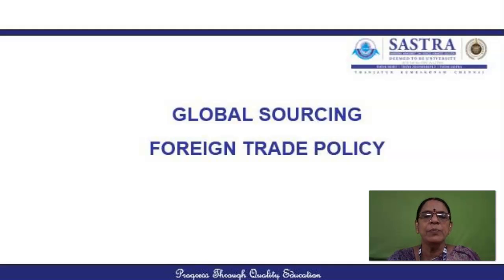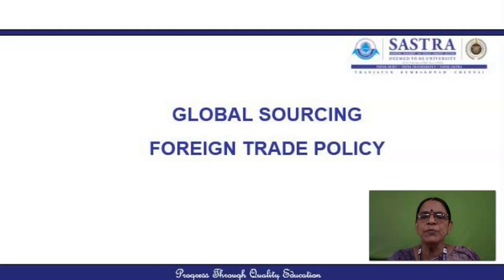The foreign trade policy of India is guided by the export-import policy, known in short as EXIM policy, of the Indian government and is regulated by the Foreign Trade Development and Regulation Act 1992. The Director General of Foreign Trade, DGFT, is the main governing body in matters related to the EXIM policy.